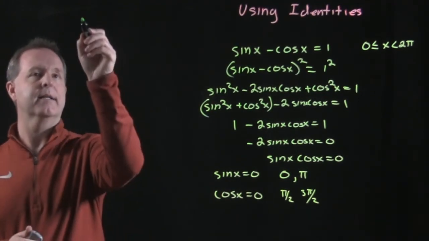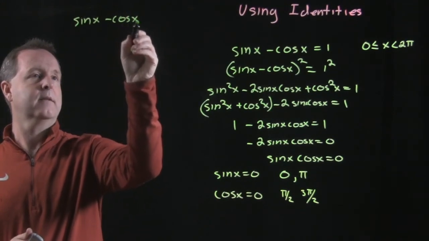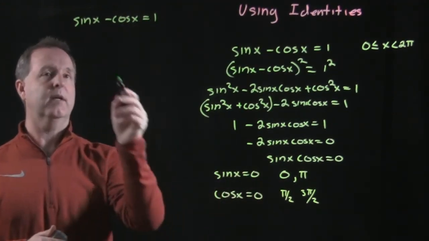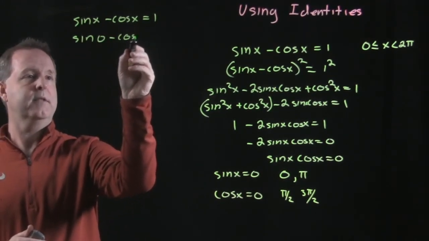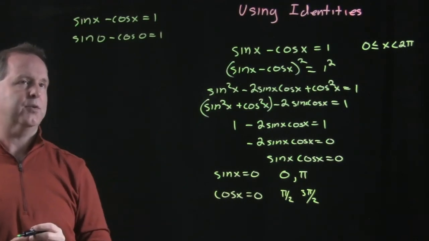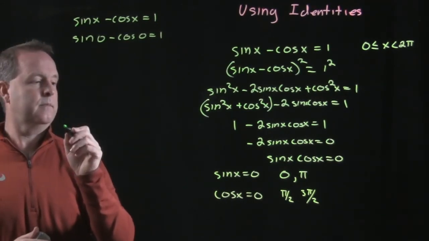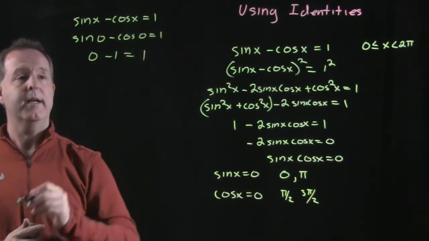So let's look at sine of x minus cosine of x equals 1 for x equaling 0. So the sine of 0 minus the cosine of 0 equals 1. Is that true? The sine of 0 is 0, minus 1 equals 1.